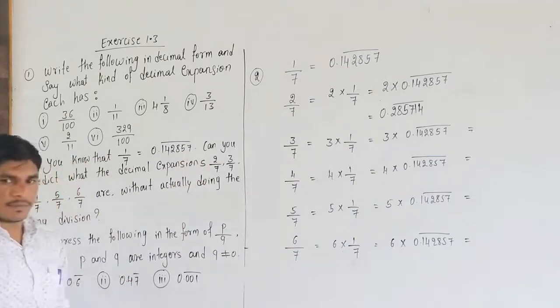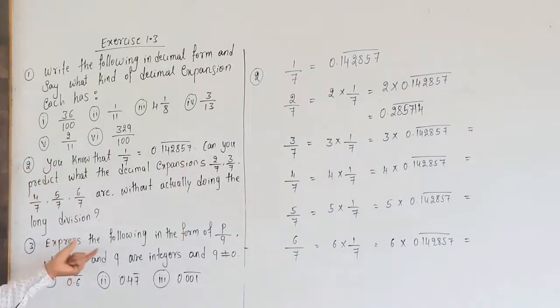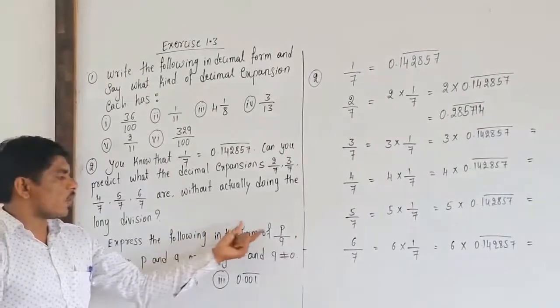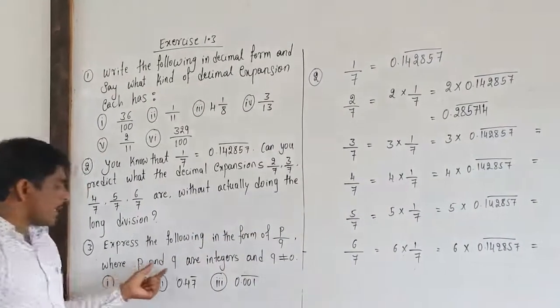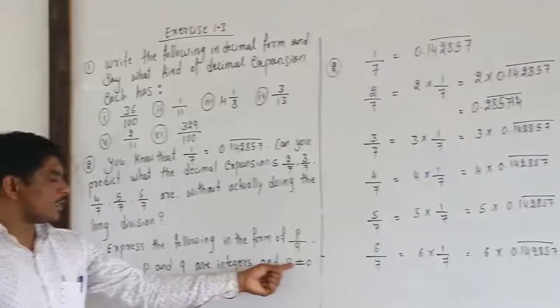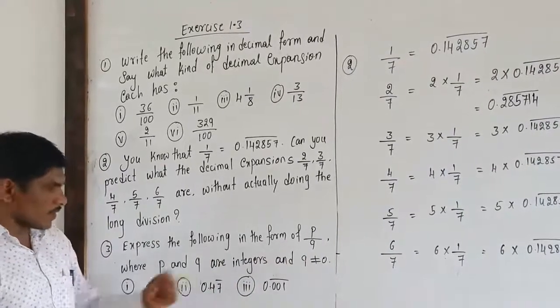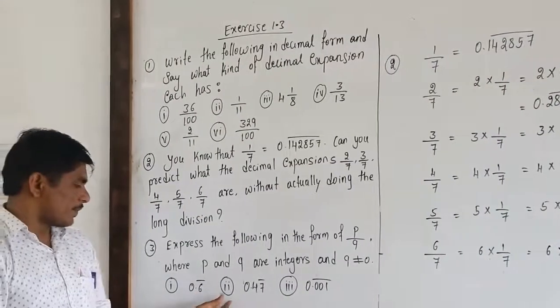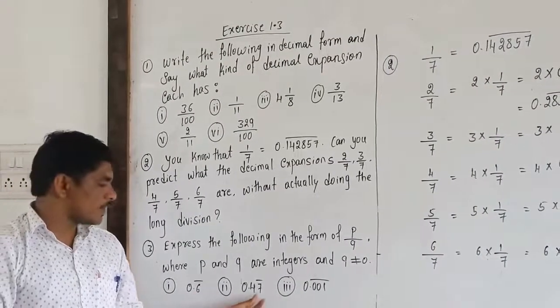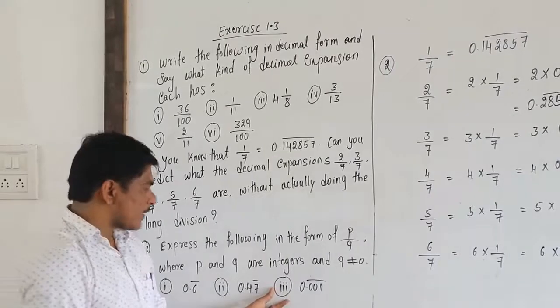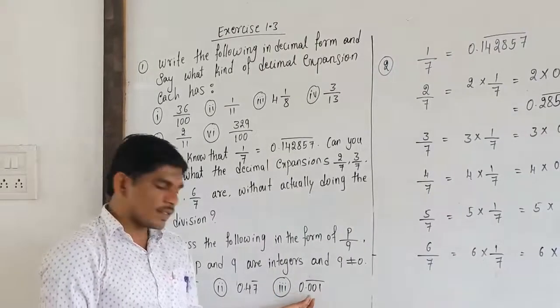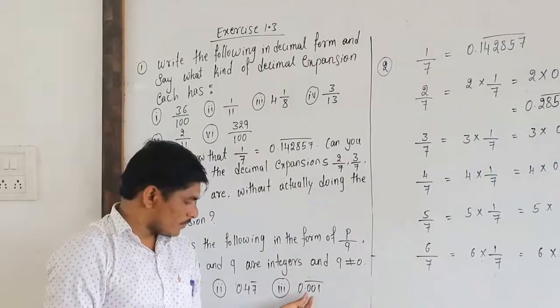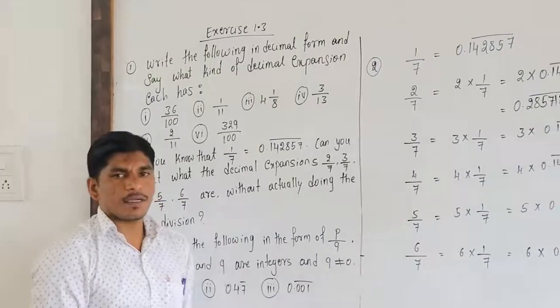And the third one is: express the following in the form of P by Q, where P and Q are integers and Q is not equal to 0. The first one is 0.6 bar, the second one is 0.47 bar, and the third is 0.001 bar.